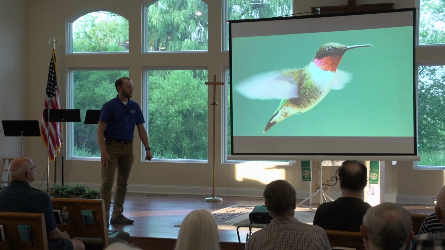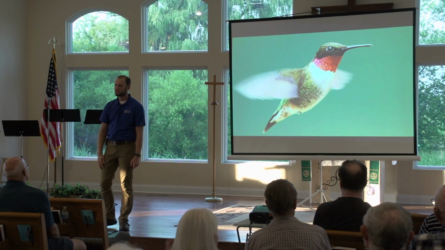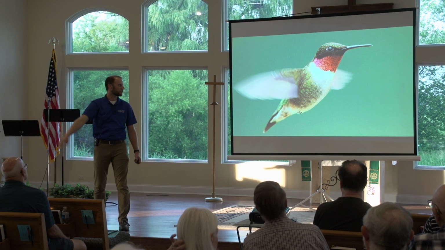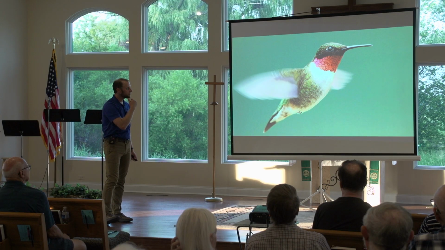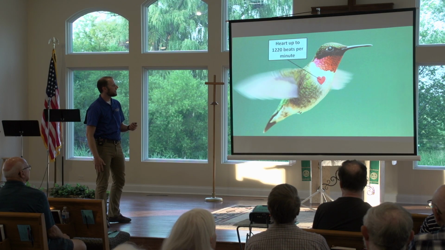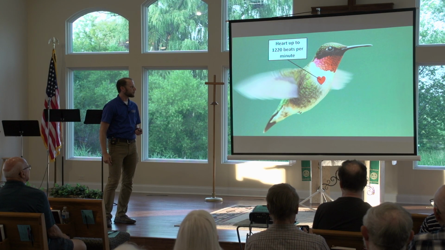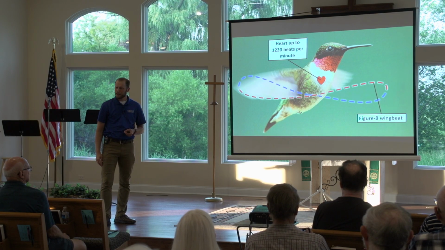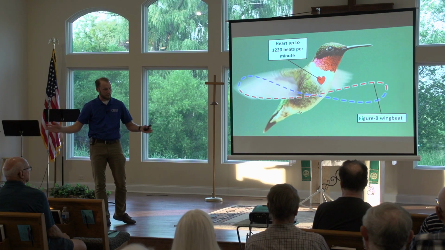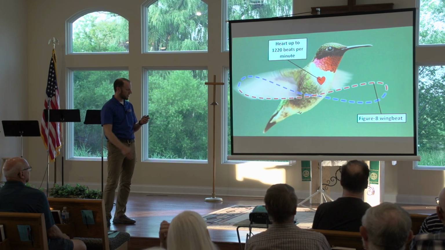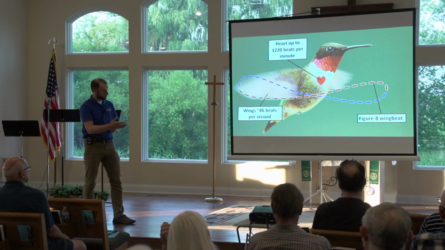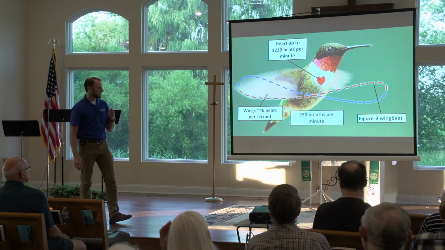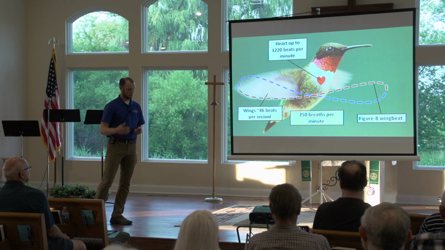For instance, let's look at one of these impressive creatures from God's creation. We have the ruby-throated hummingbird, native to Illinois. Their heart beats up to 1,220 beats per minute. That's impressive. Figure 8 wing beat pattern, so they can generate lift in the downstroke and the upstroke. Amazing design. Those wings beat 46 beats per second, 250 breaths per minute.